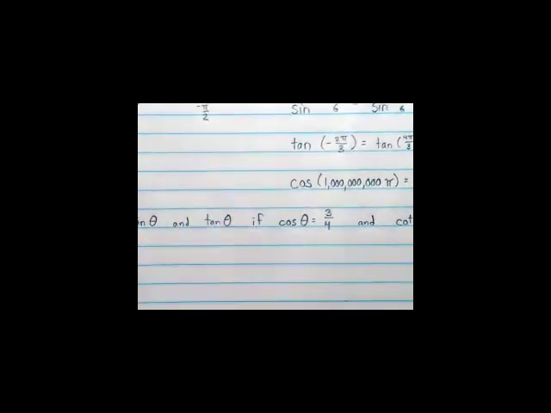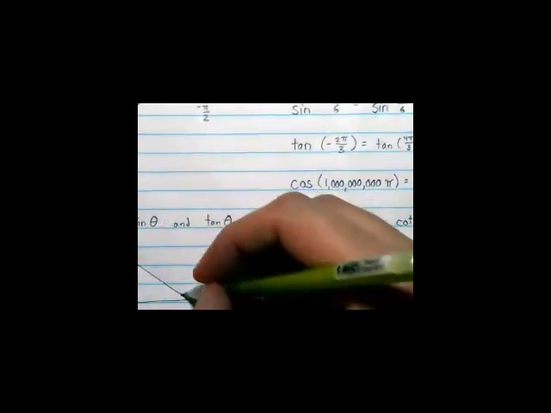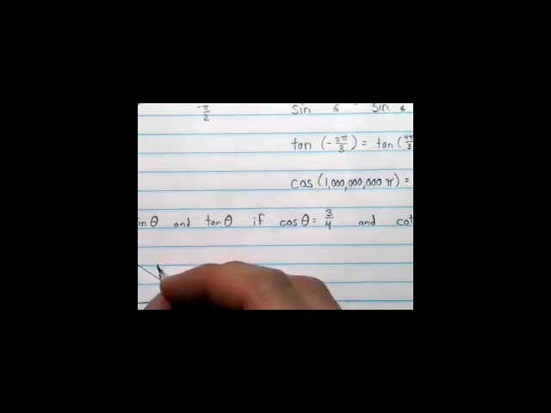So, simply for calculation's sake, I'm going to draw a right triangle, but things are going to start switching negative because we're in that fourth quadrant. So let's say theta is down here. Cosine, adjacent over hypotenuse. So we're going 3 and 4. And then I need this other one as well, right?